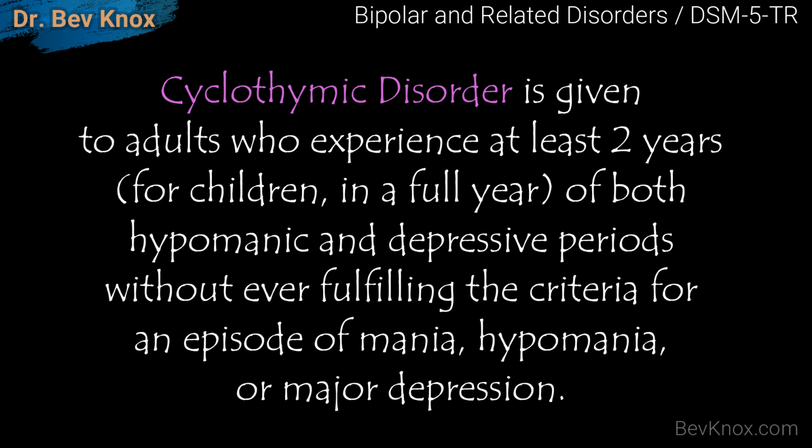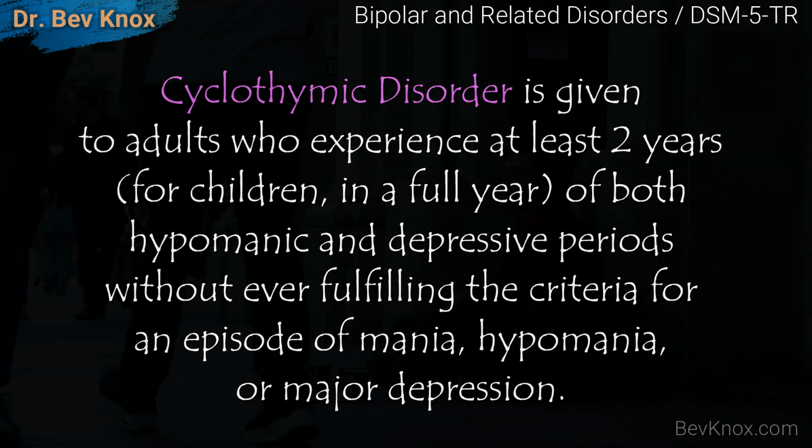The diagnosis of cyclothymic disorder is given to adults who experience at least 2 years, or for children a full year, of both hypomanic and depressive periods, without ever fulfilling the criteria for an episode of mania, hypomania, or major depression.